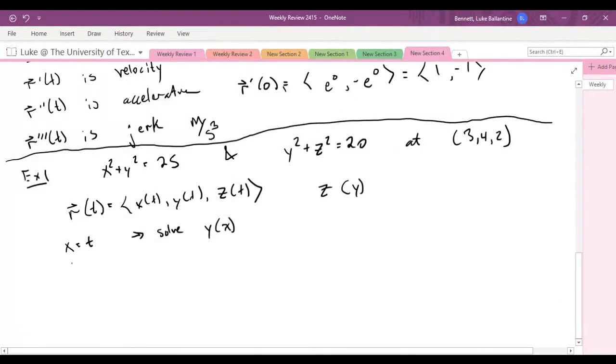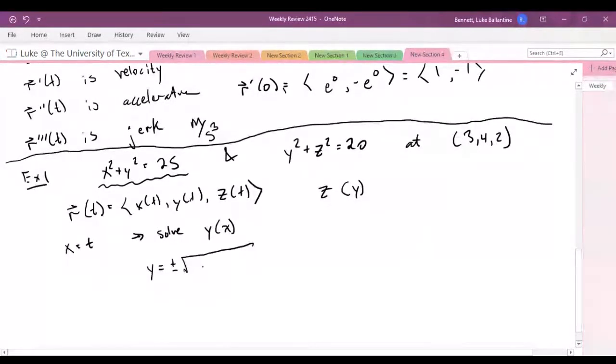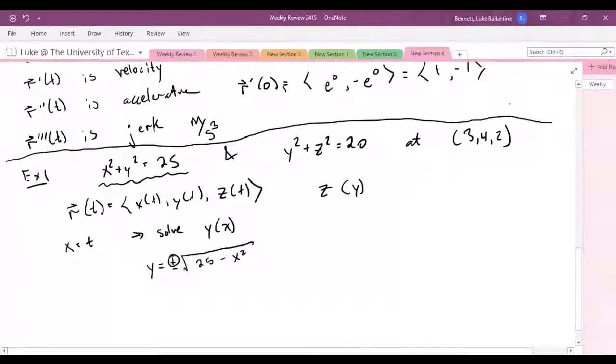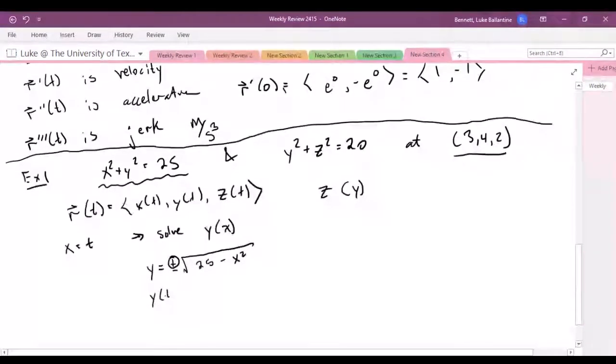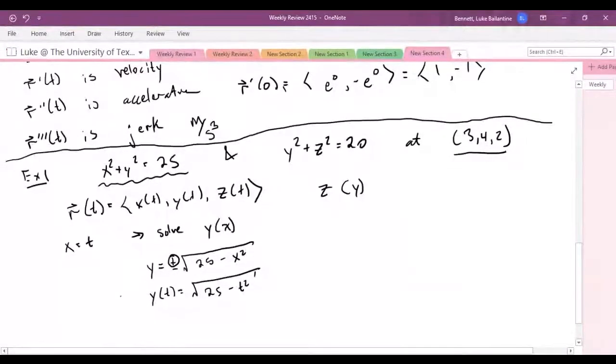So if x is equal to t, then solving the first equation, x squared plus y squared equals 25, for y we get plus or minus the square root of 25 minus x squared. I'm going to pick the positive because notice with our point, it's positive. So now we have a function y of t equals the square root of 25 minus t squared. Boom, we have 2 of them already.